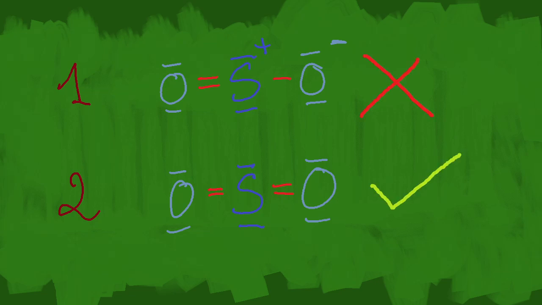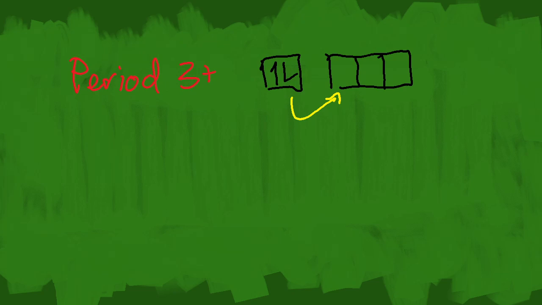Don't take my word for it, but sandwiched by two double bonds is apparently more stable than having a single and a double bond attached. What's taken from this is that period 3 elements and above tend to excite their electrons to make singles in order to make bonds, whilst the first two tend to donate and receive electrons.